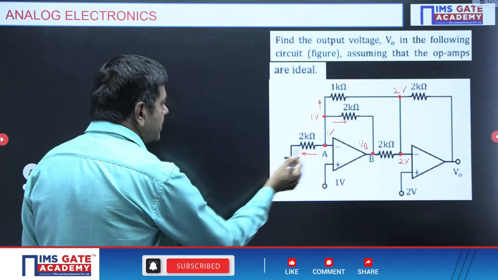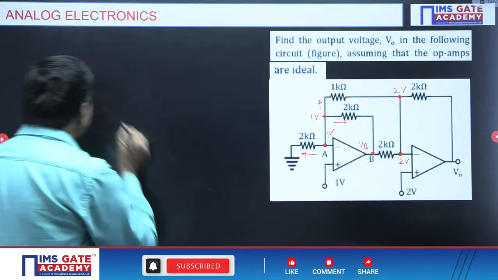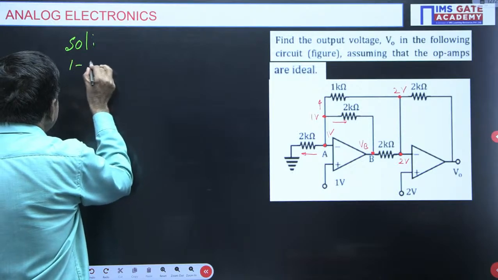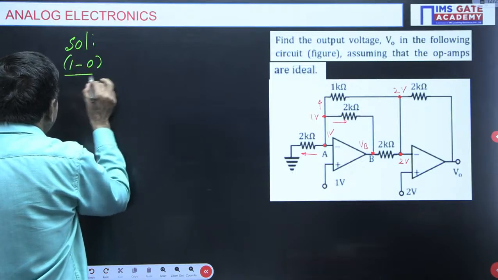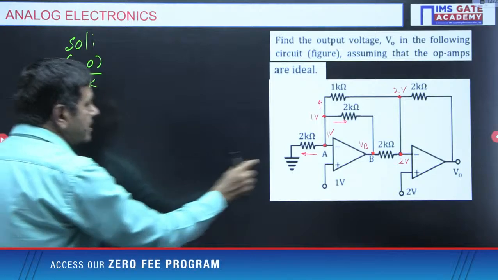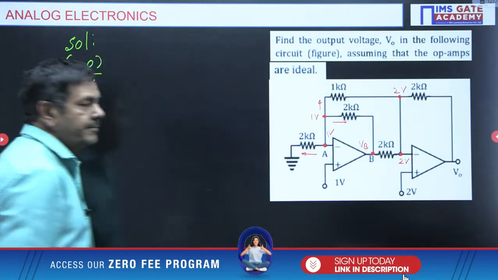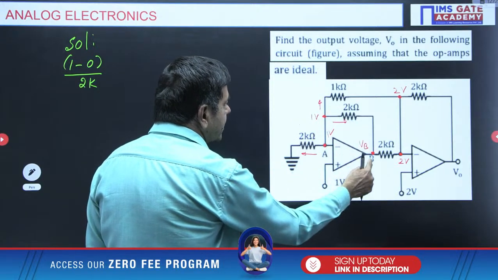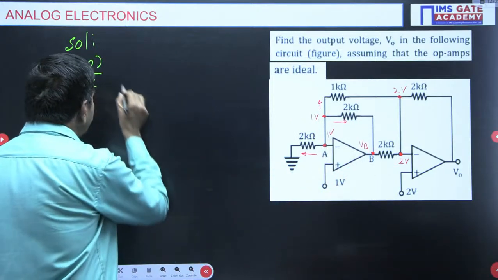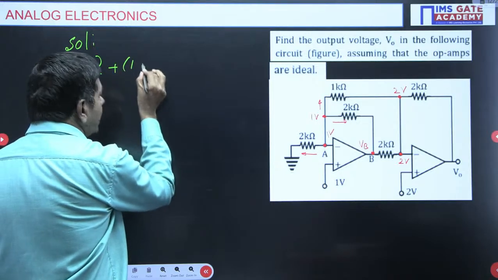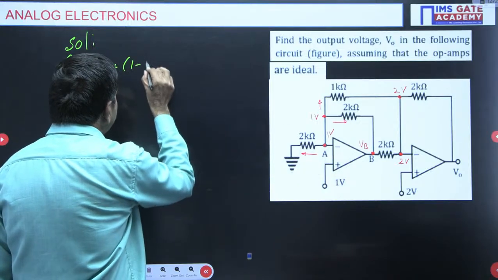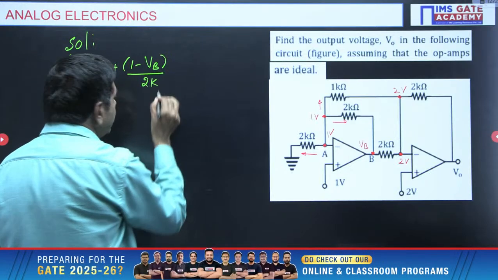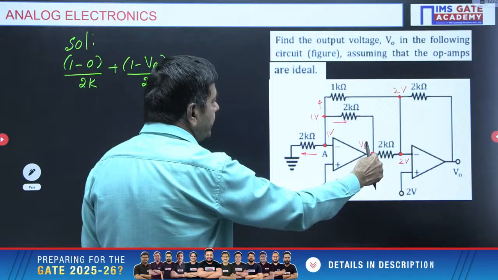This current is 1 minus 0 by 2k. This current is 1 minus VB by 2k.